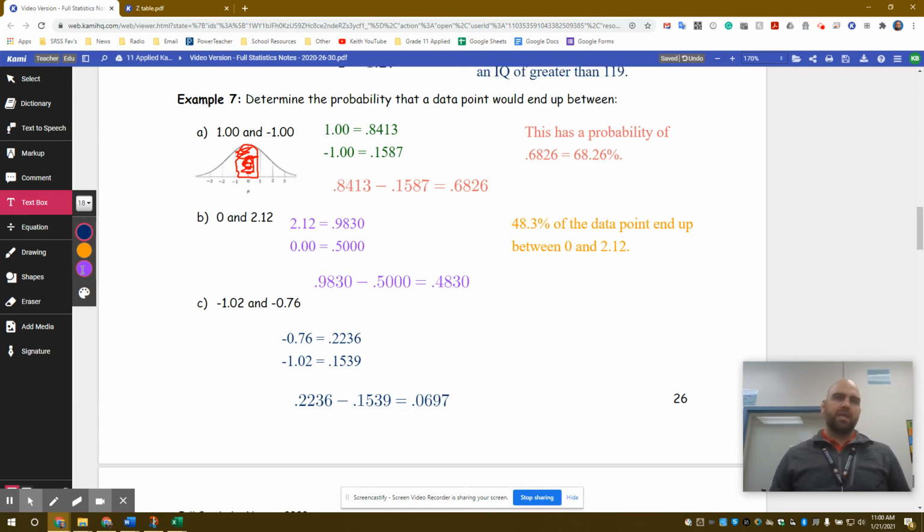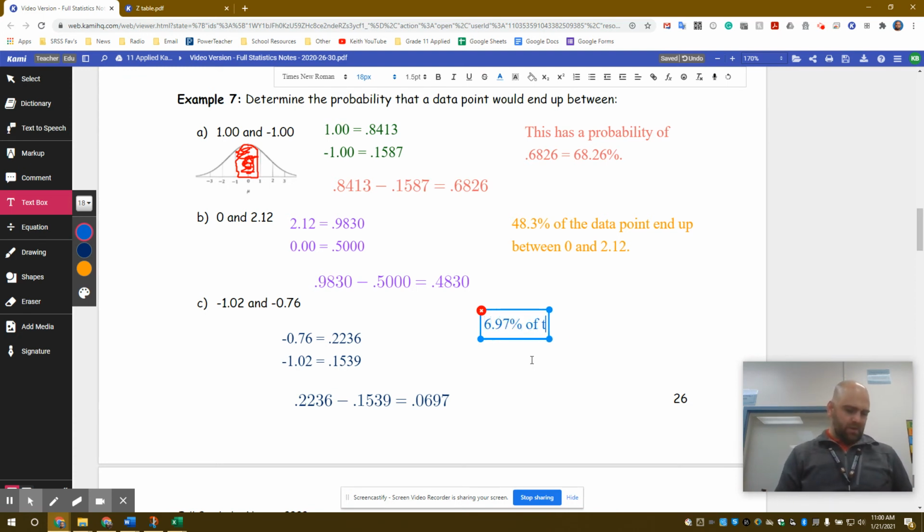So we can say, with the certainty that we have here, that 6.97% of the data will end up between negative 1.02 and negative 0.76.